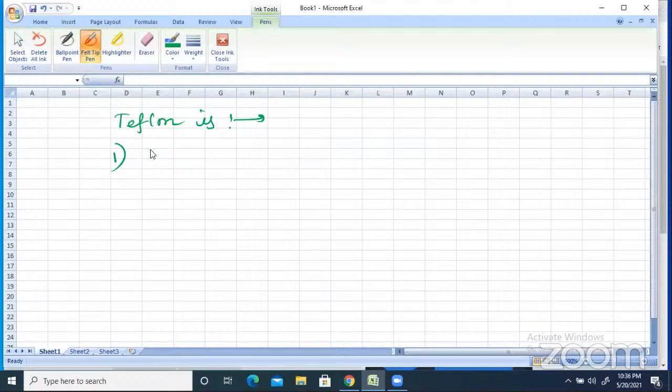Polytetrafluoroethylene. Then polycarbonate.